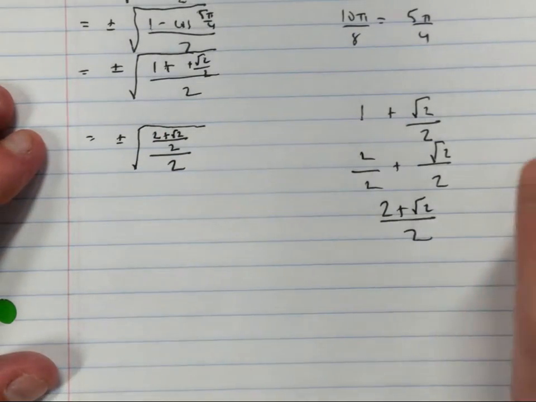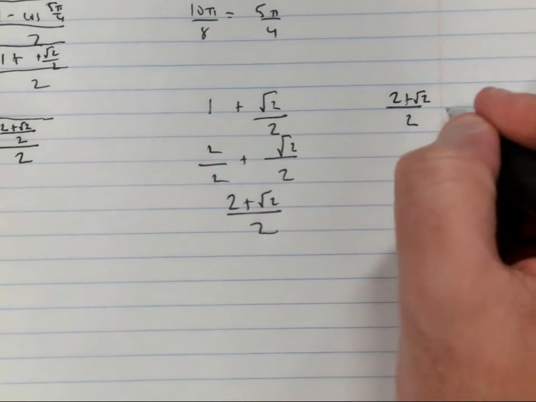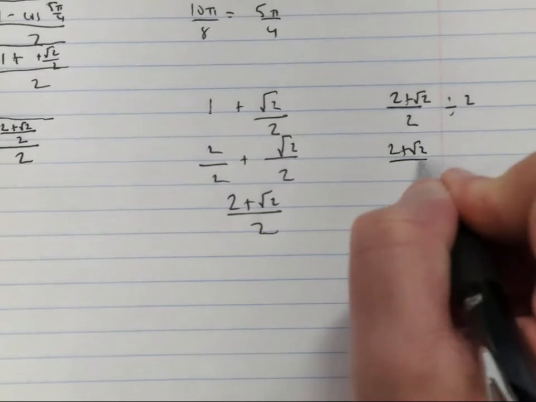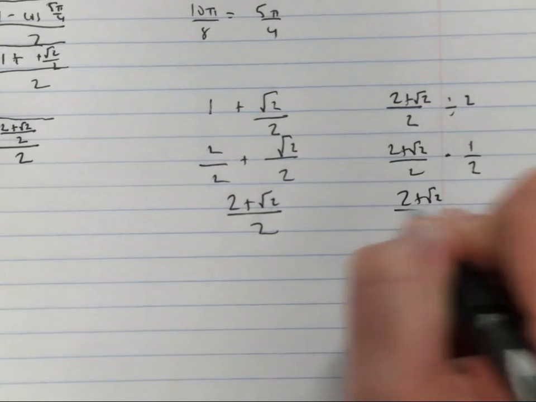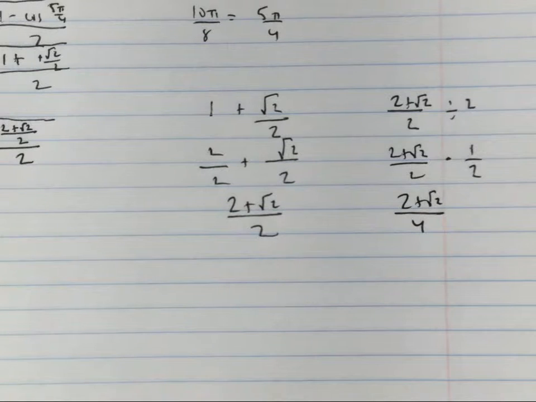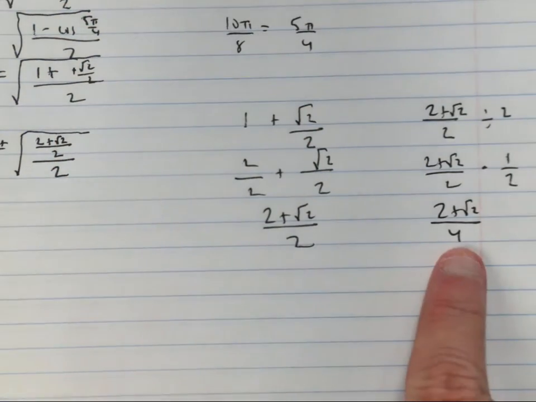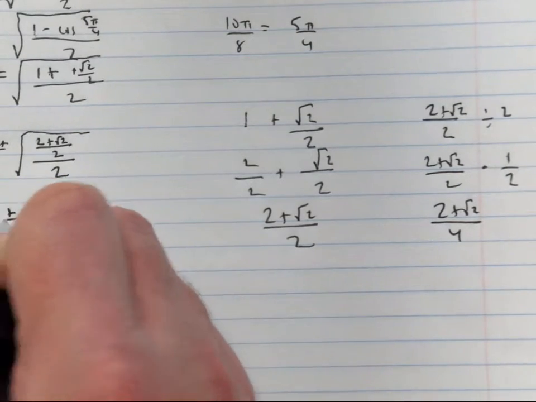So I'm going to come over here and I'm going to write that. 2 plus square root of 2 over 2, divided by 2. Change it to division and multiplication and flip it. So all this under this radical is equivalent to that now. We've got it broken down. Does that make sense? Are we sure? Okay, so I'm going to go back and put this under the radical.